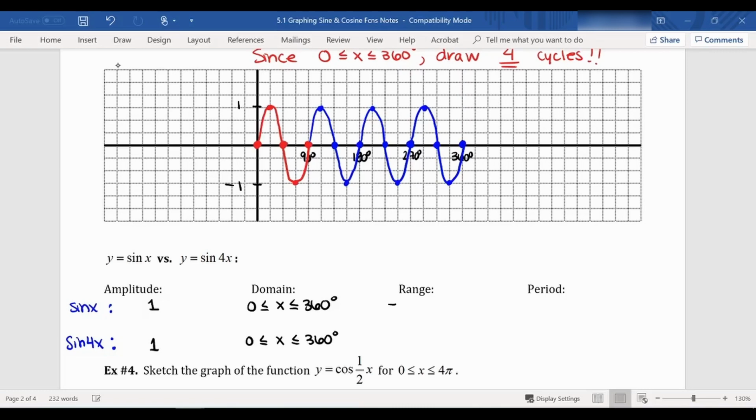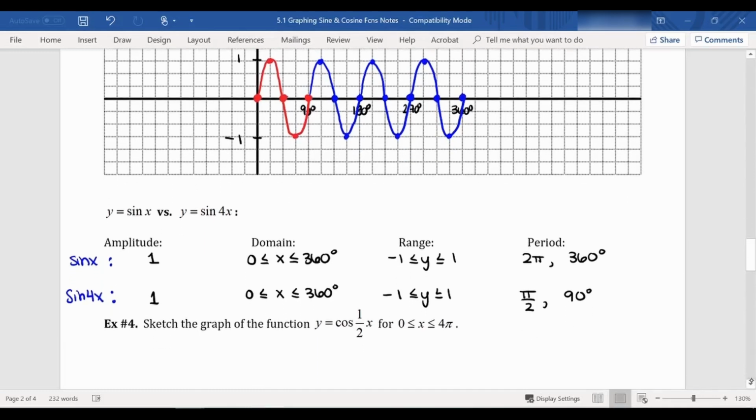Our range on both of them goes from 1 to -1 because I didn't change my amplitude, but the period is different. So your period on sine x is 2 pi, or 360 degrees. My period for sine 4x was pi over 2, or 90 degrees. So this is what changed. And it's a quarter as big as it was before because sine 4x would be a horizontal compression by 1/4.